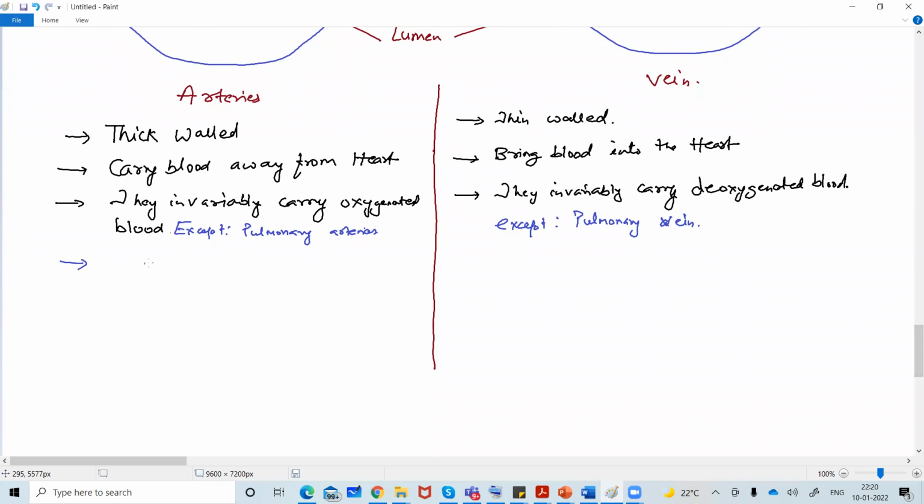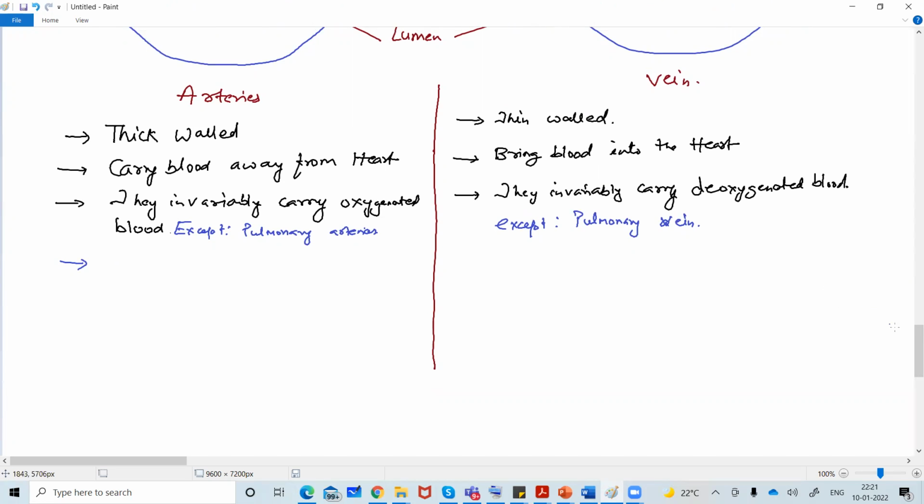Next difference. Arteries, I mean blood vessels, are quite elastic, so they can expand and contract, and they have a narrow lumen. Due to the narrow lumen, there is an inverse relationship between pressure and area. Less area, more pressure. More area, less pressure.